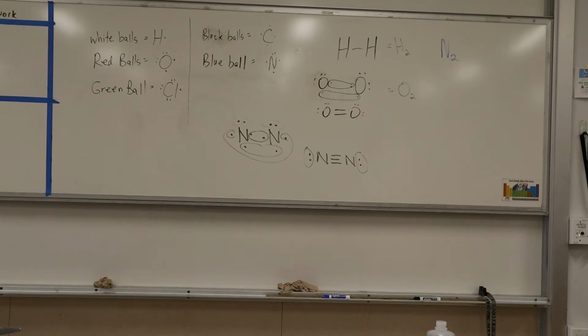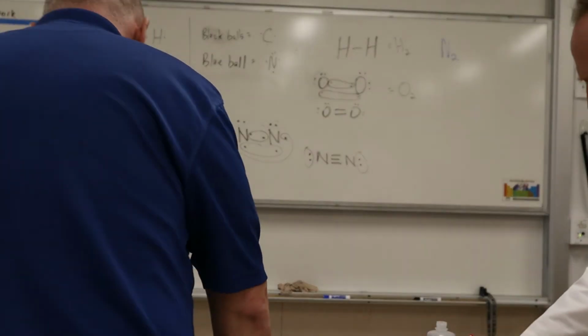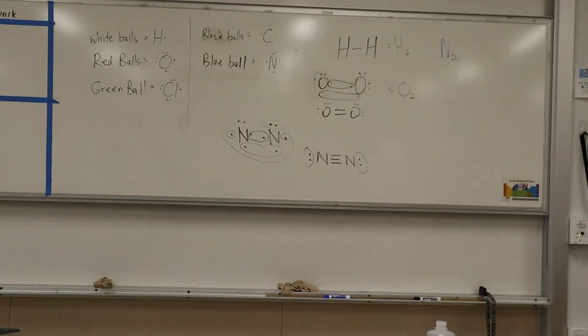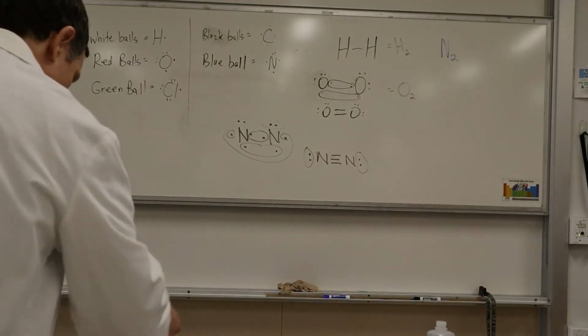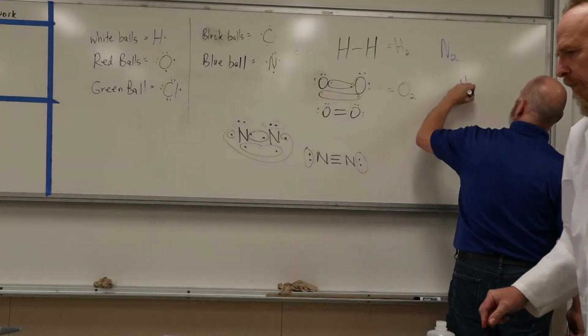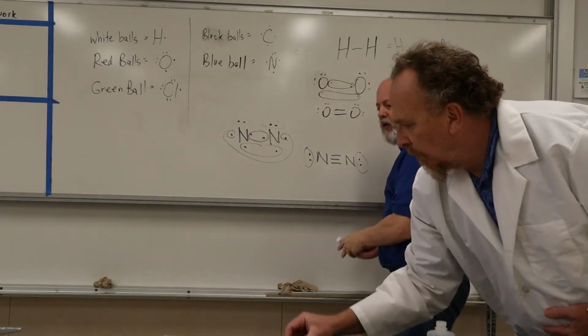Okay, who's next? My turn. Okay, I get to do water. Number 5 is H2O. So we're going down the list here. I'll write it over here: H2O, two white balls and a red ball.